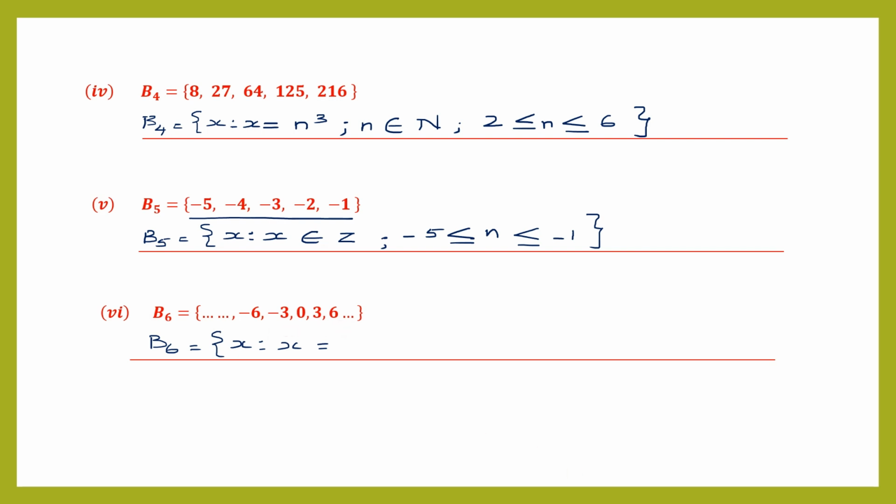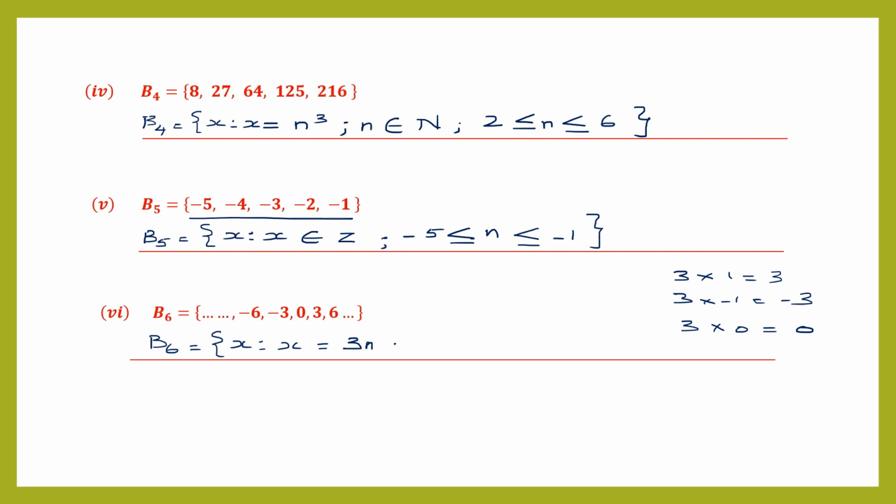So you can write that. When you say multiples of 3, we just say 3n. That means n can be 1, 3 into 1 is 3. n can be minus 1, 3 into minus 1 is minus 3. n can be 0, so 3 into 0 is 0. So n can be any number, any integer. So we have to remember n is an integer.